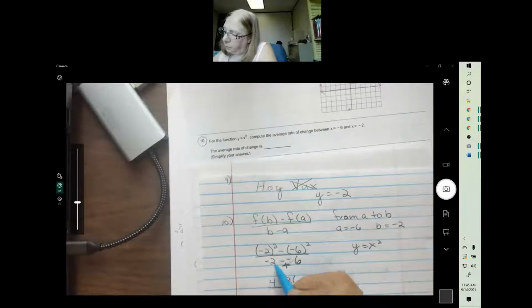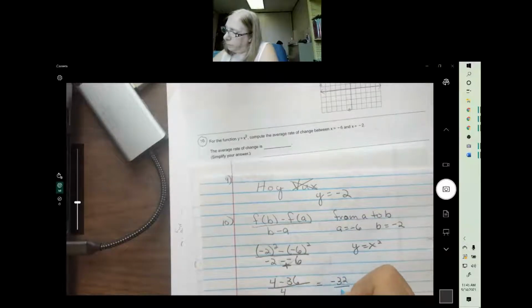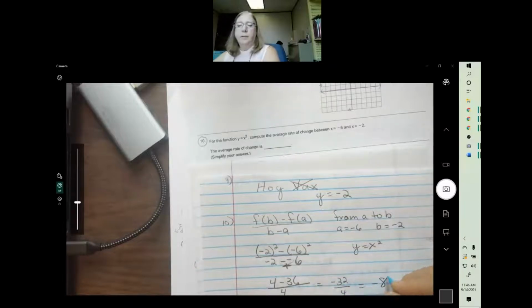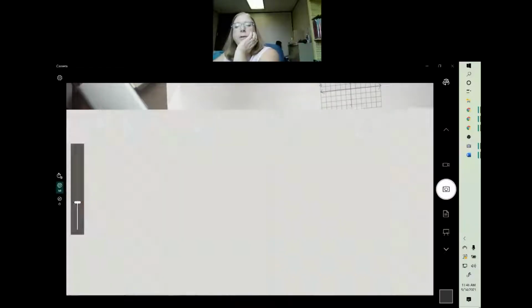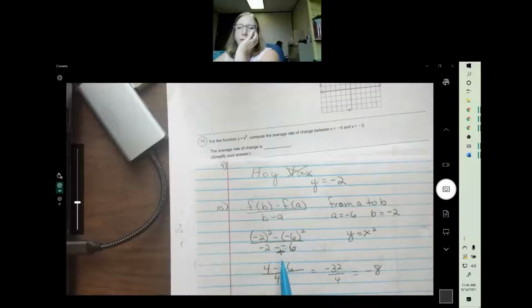So we have -2 plus 6, which is 4. So as we go from a to b, the function drops by 8. Any questions on that one?